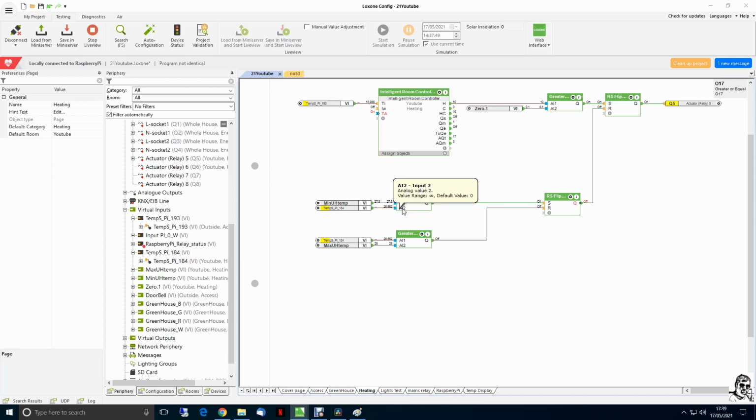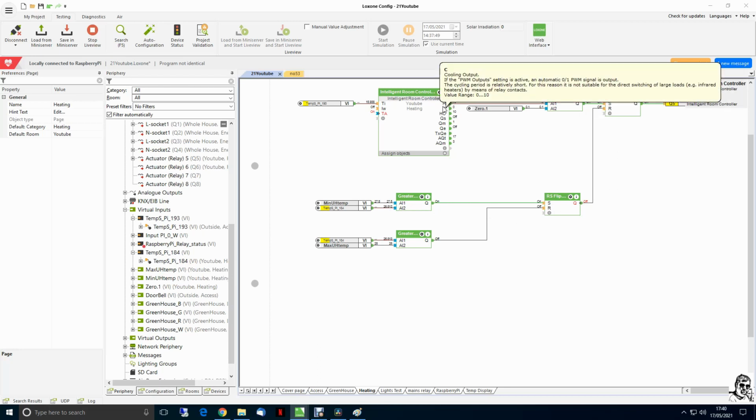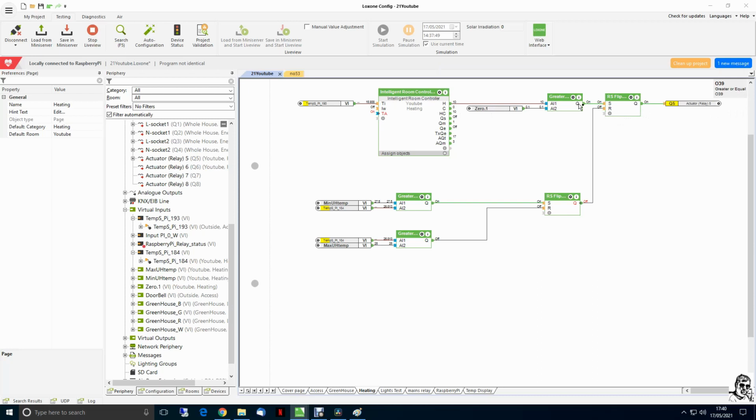Now we have a lower temperature than 27.5, and the flip-flop is set, removing the reset, and the request for heating is going through, and now we have power through the heating mat.